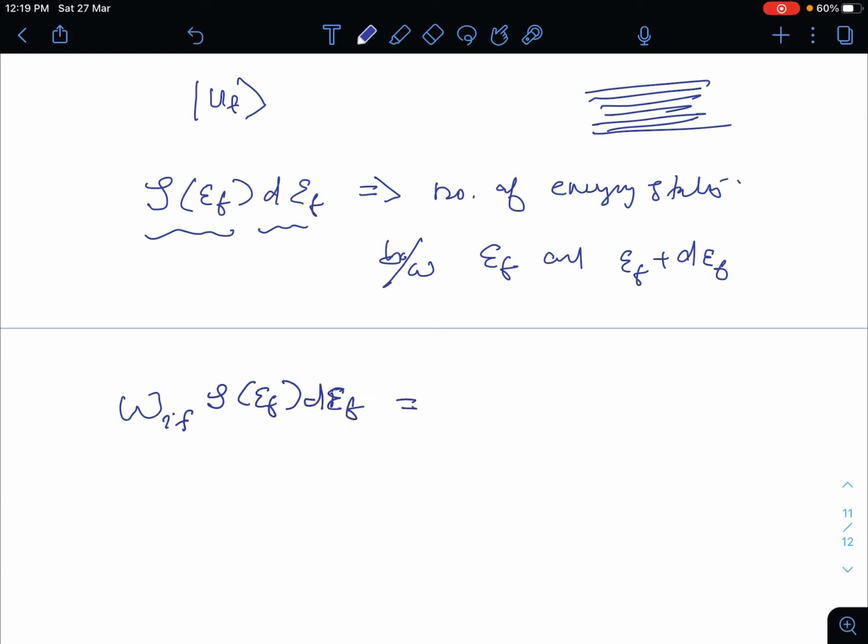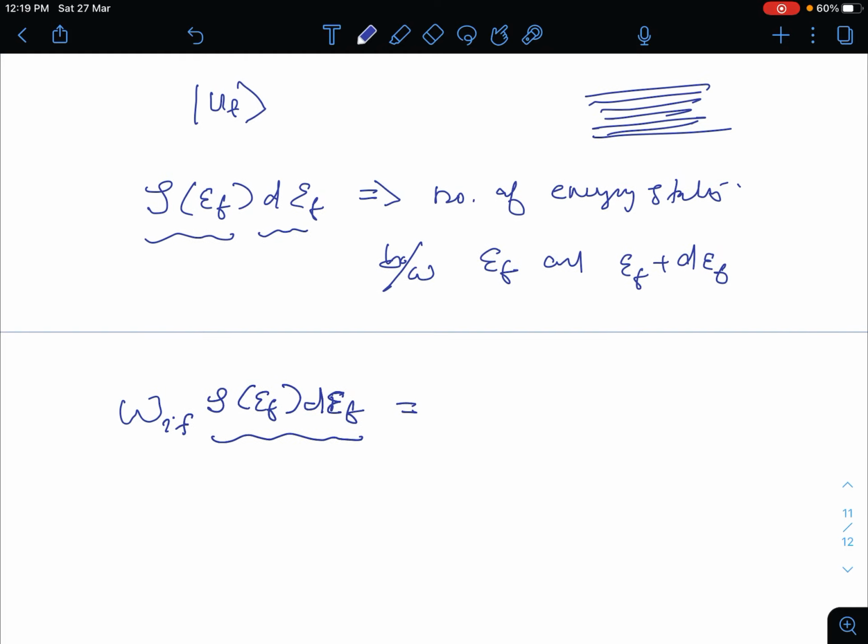What is this? The number of energy states between EF and EF plus dEF, that I am multiplying with omega IF. Now this is the probability of transition to the energy levels between EF and EF plus dEF. It is clear, right? Rho EF into dEF is how many energy states are there, and multiplying by the probability gives you the transition probability to states between E and E plus dEF.